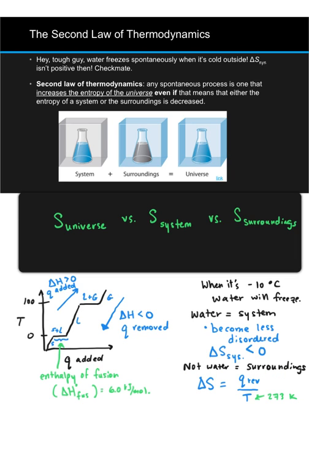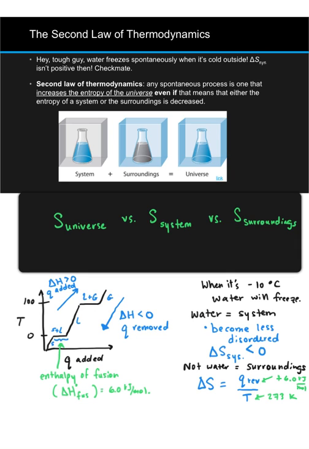So our surroundings must be acquiring any heat that our water is giving off as it solidifies. Because once again, according to the first law of thermodynamics, heat can't be created or destroyed. So any heat that's lost from this water as it freezes can't just disappear into the ether. It's got to go into the surroundings. So from the perspective of the surroundings, it is obtaining heat energy. It's getting positive 6 kilojoules per mole as water is freezing at this temperature, 273 Kelvin.